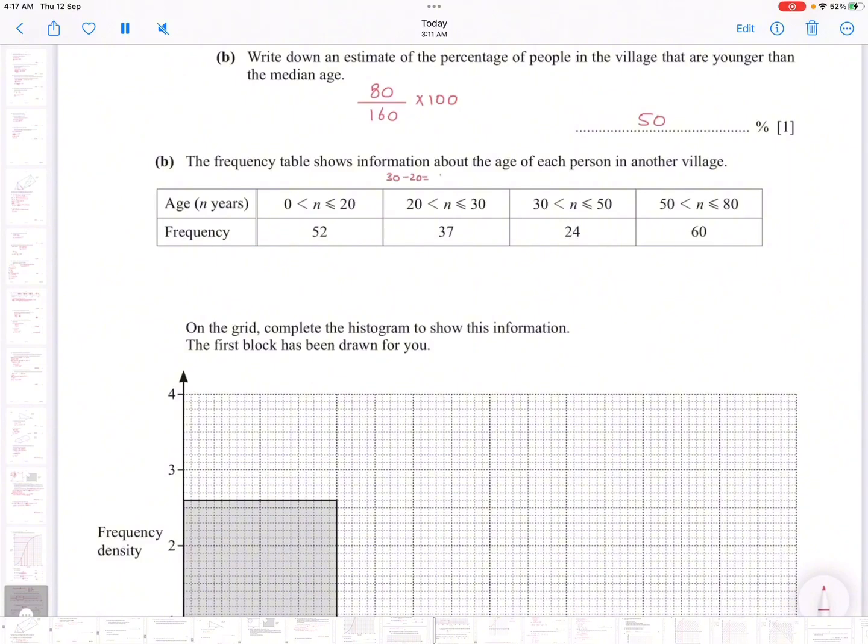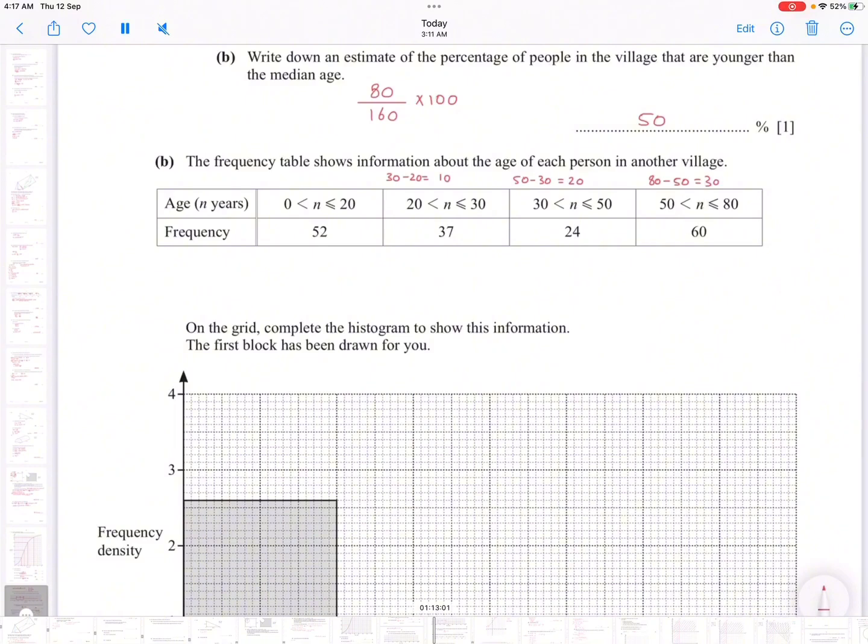Part B, the frequency table shows the information. Okay, so you have to write down the class widths. 30 minus 20 is 10, 50 minus 30 is 20, and 80 minus 50 is 30.